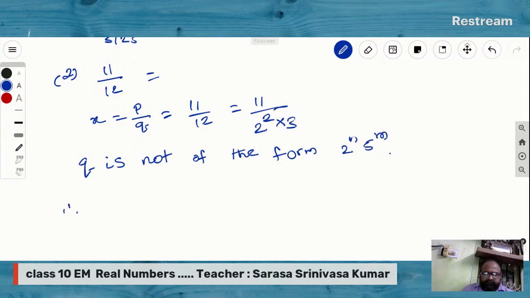Here q, the denominator, equals 12, which is 2 square multiplied by 3.